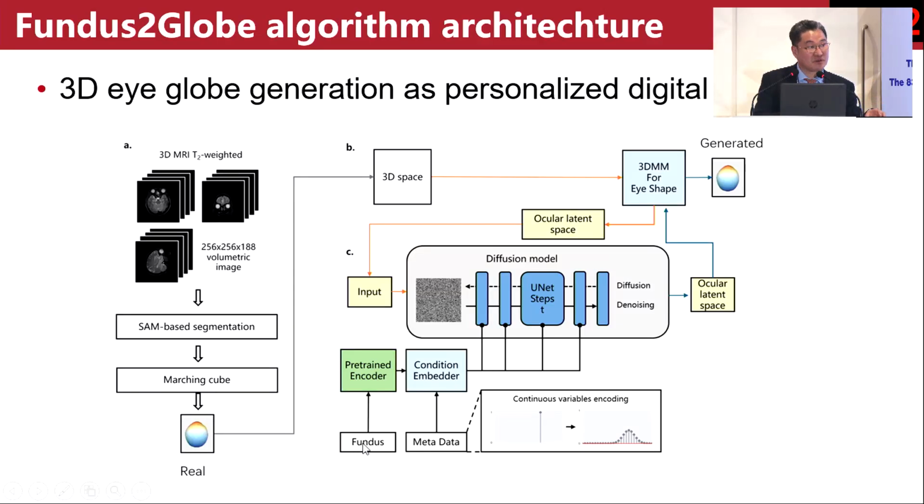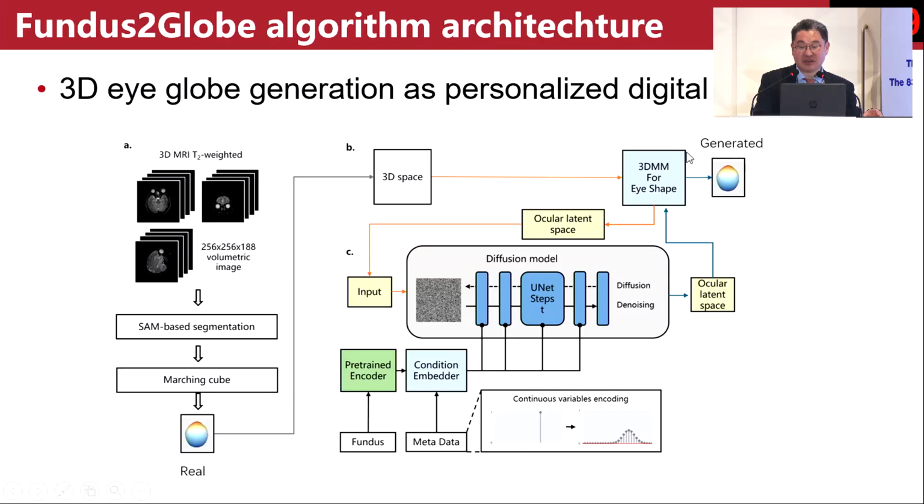One is a fundus photo, the second is metadata. We combine these two into the model, and we developed a technology that can automatically segment the eyeball from the MRI scan, and then this will generate a 3D ocular shape view.